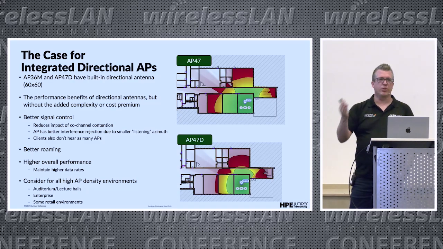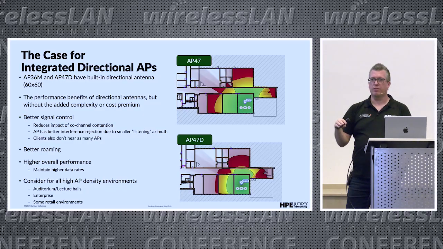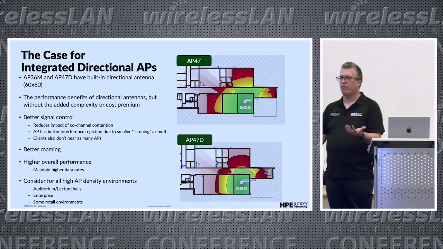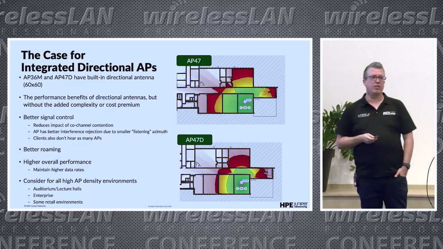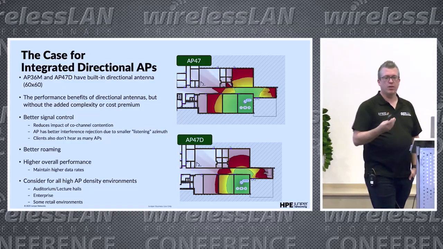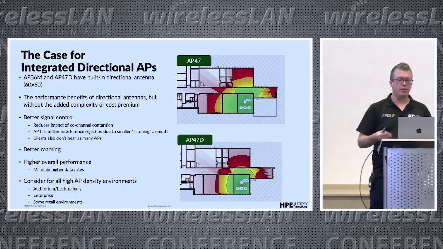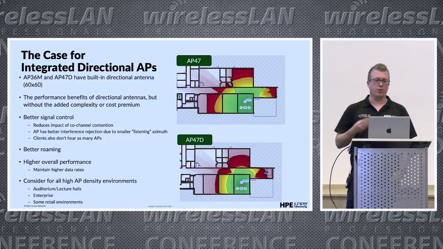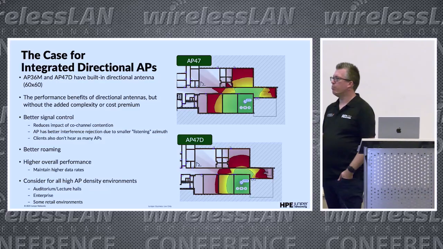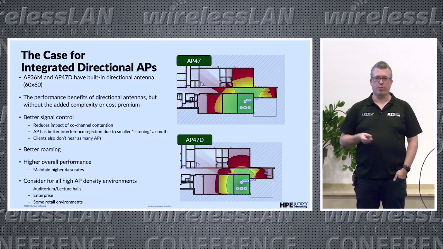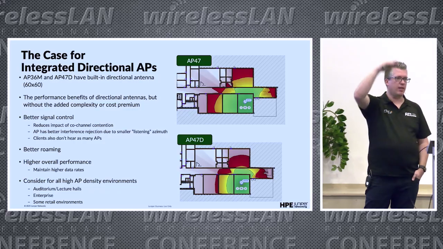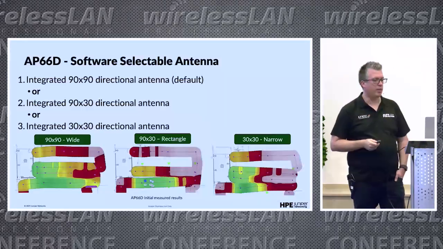Not only that, you're reducing your own internal co-channel interference, you're reducing any impact from any external co-channel interference as well, and it makes it easier to design and deploy these into lots of high-density environments, not just offices, but university lecture theatres and auditoriums, even some retail environments, and even possibly some warehousing environments, depending on the complexities and heights and layouts of those particular environments.